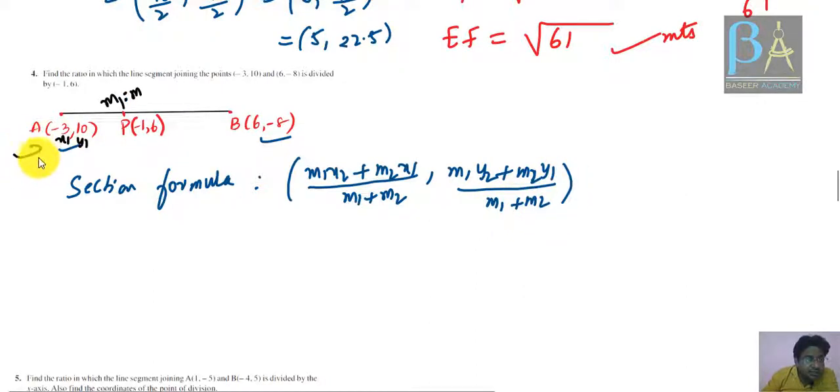So this is your x1, y1, and obviously this is your x2, y2. And let us say the ratio in which the point P is dividing the line segment AB is m1 is to m2. So in the formula, m1 would remain m1, m2 would remain m2. In place of x1, y1 and x2, y2, let us substitute these values.